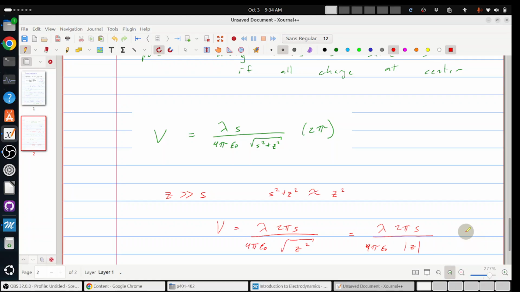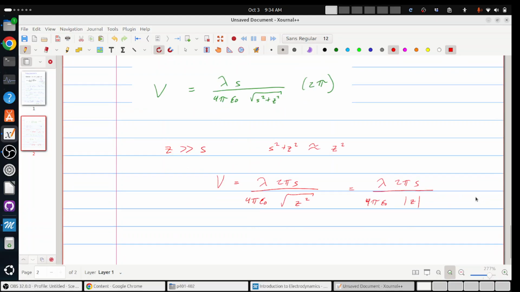And the square root of Z squared is the absolute value of Z. So it doesn't matter if I'm above or below, it's still based on just the distance I am. And you could leave it like that.